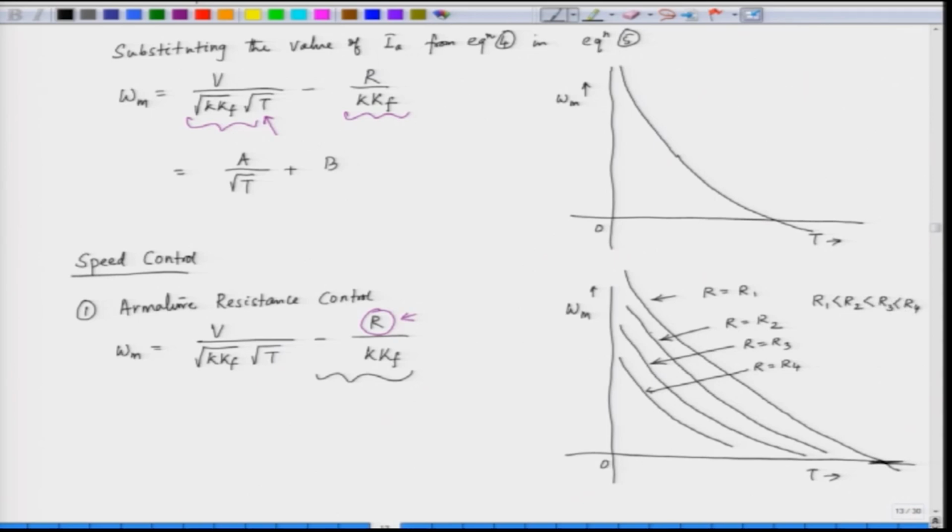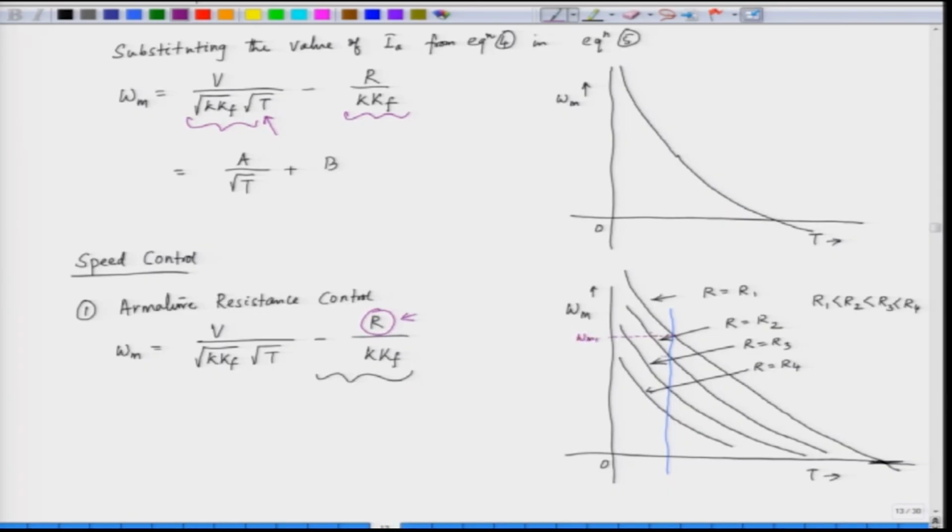So, when r is increasing, we naturally have speed control, because if we have a load torque profile like this, the speed will be decided by the intersection of the load profile and the motor characteristic. This is the initial value of speed, let us say omega m 1.